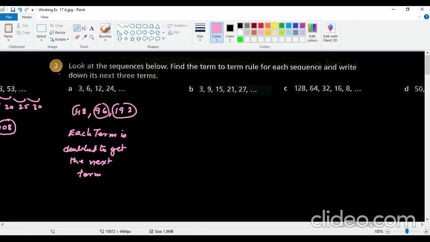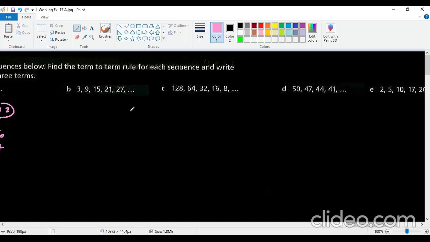When it comes to question number B, it says 3, 9, 15, 21, 27, and here each term is increased by 6. That you can see here, a difference of 6, 9 plus 6 is 15, 15 plus 6 is 21, 21 plus 6 is 27, and 27 plus 6 is going to give us 33, 33 plus 6 is going to give us 39, and next is going to be 45.